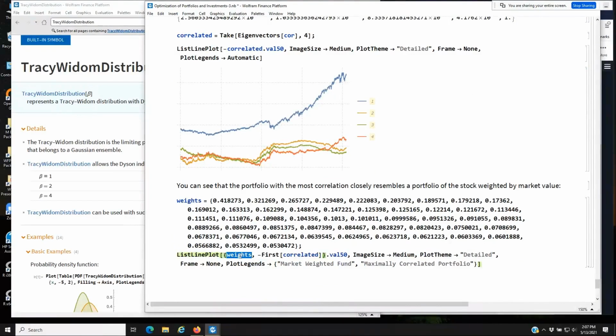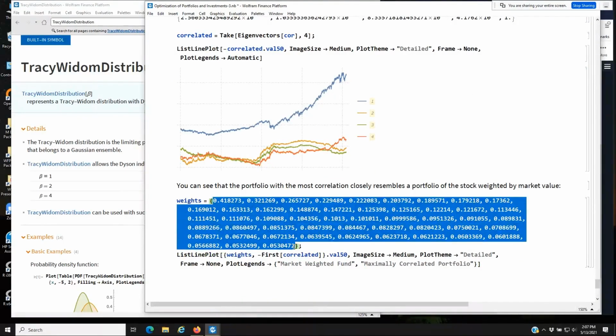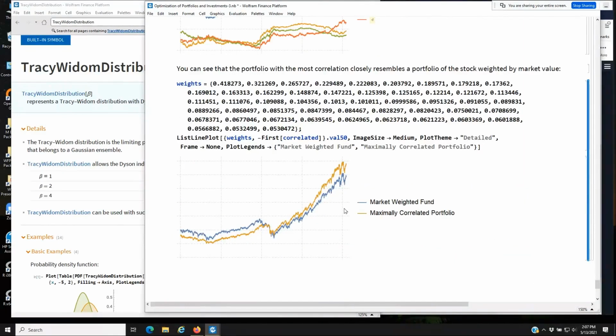What we find is that when we look at the weights, which are publicly available from the Standard & Poor's side, about how much is invested in each of these 50, what proportion of them go into the S&P 500, and compare this, you'll find that this minimally correlated portfolio is the one that is closest to the market-weighted fund.